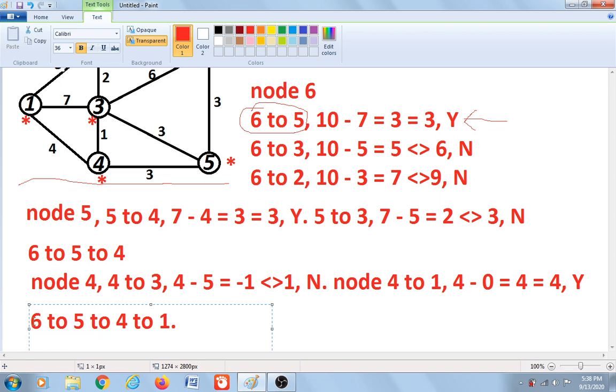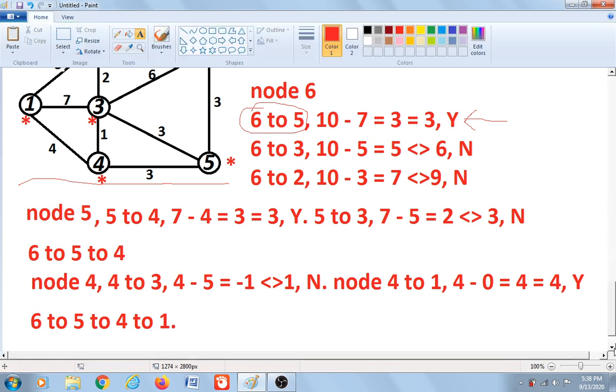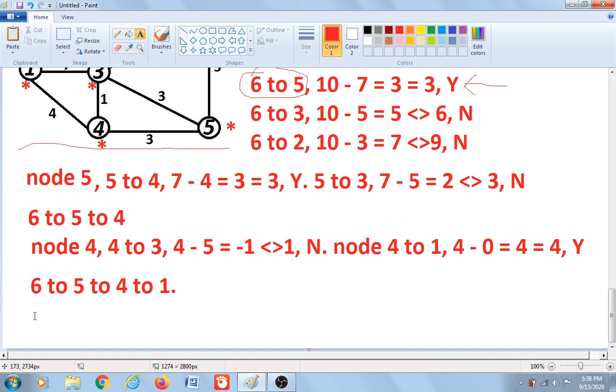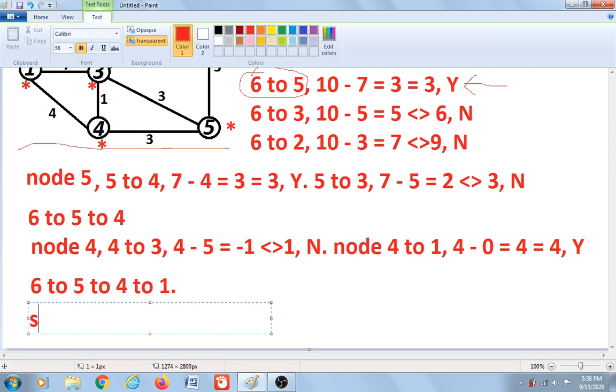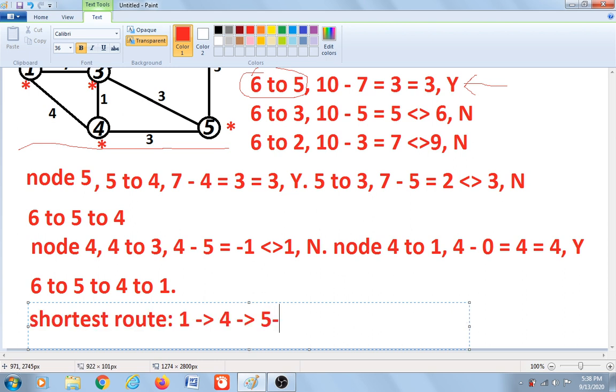So what is the route? The shortest route is: from 1 we go to 4, from 4 we go to 5, and from 5 we go to 6.